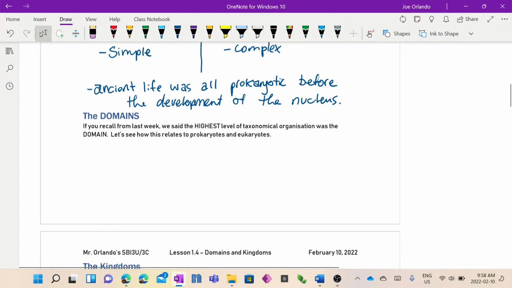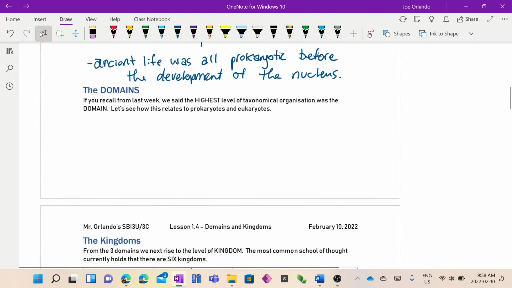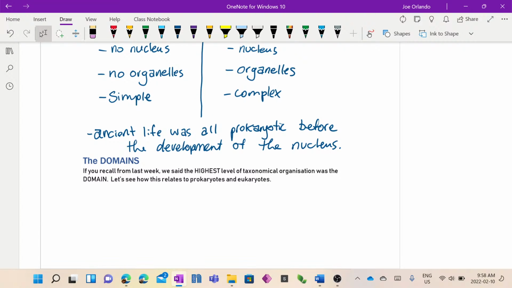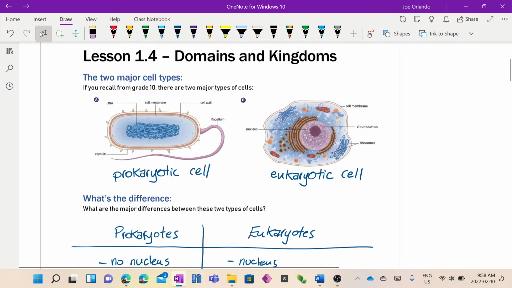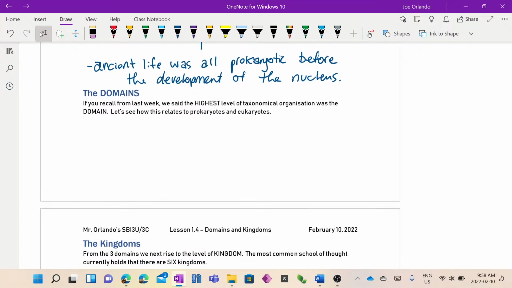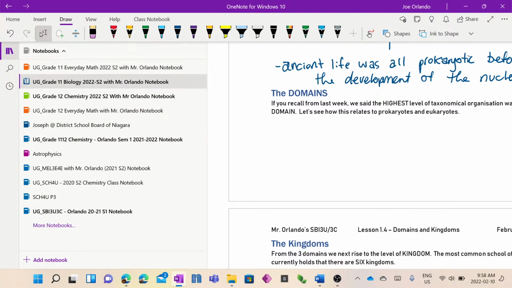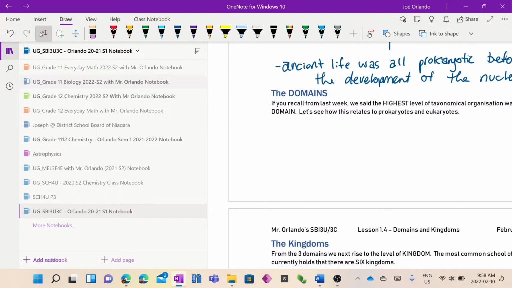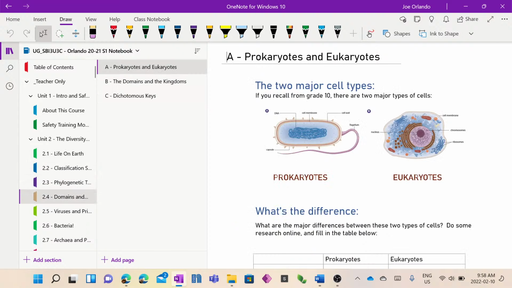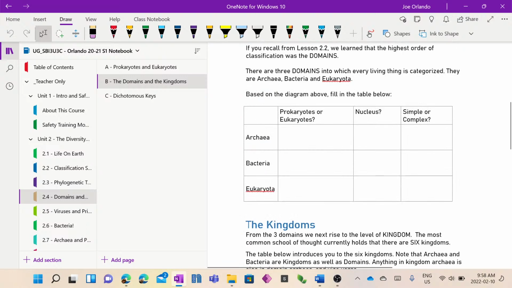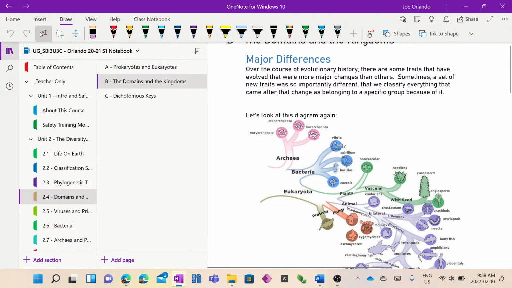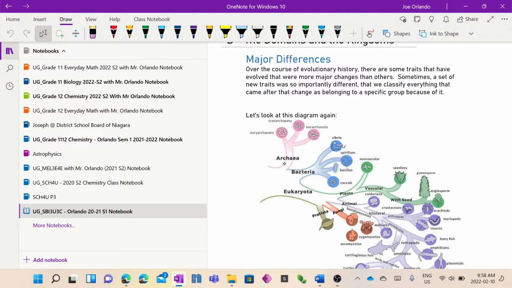This, as it turns out, provides us with our first division, which is domains. All right? So the domains that we have are, I just want to make sure I don't misspell it because I've been doing that.